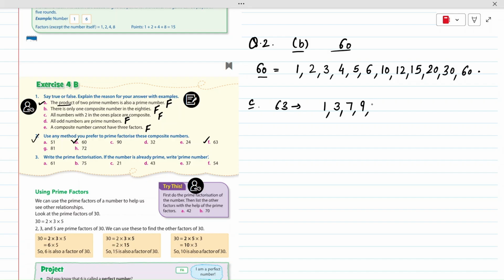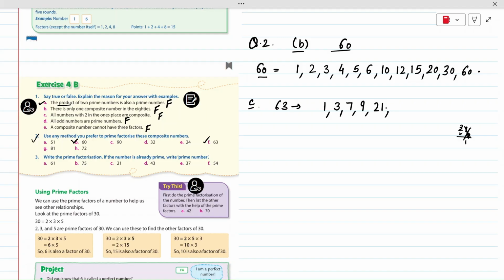Then what we have next is 21 as one of its factors. Let us see if we get 27. No, we will not get it.